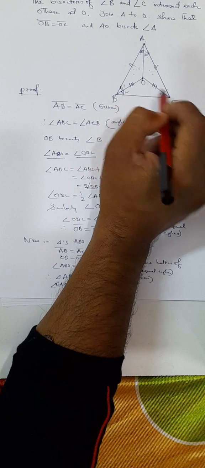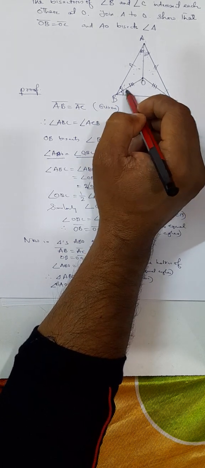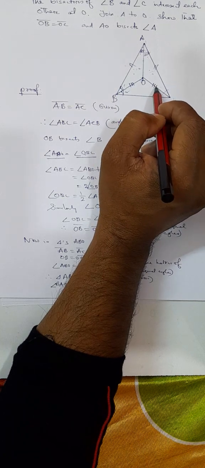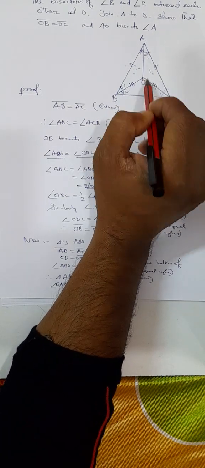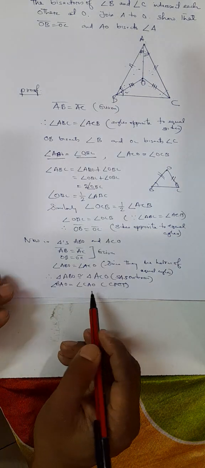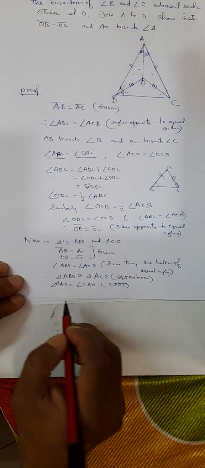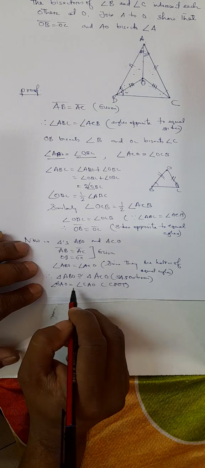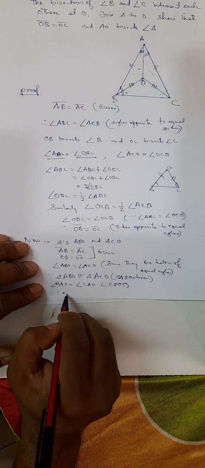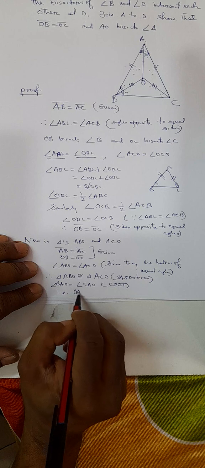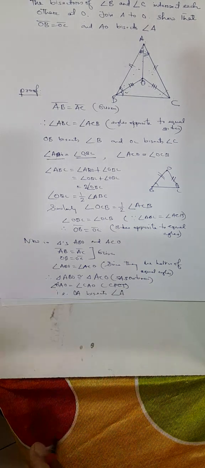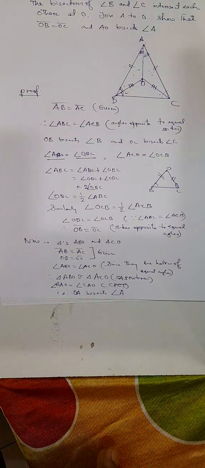Because OB equals OC. The angle opposite to OB is angle BAO, and the angle opposite to OC is angle CAO. So BAO equals CAO by virtue of CPCT. Now what does BAO equals CAO mean? That means OA bisects angle A. This was to be proved, right?